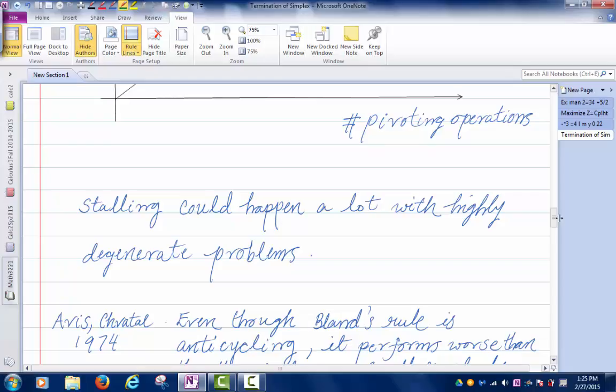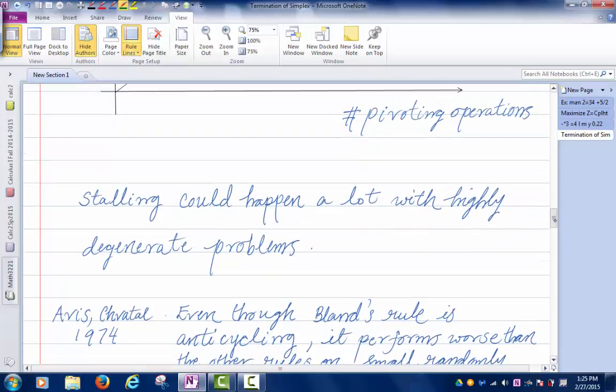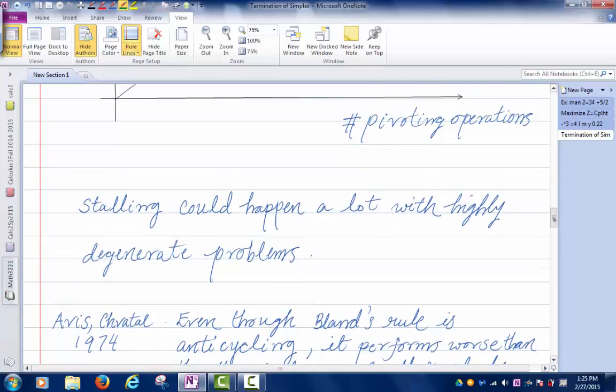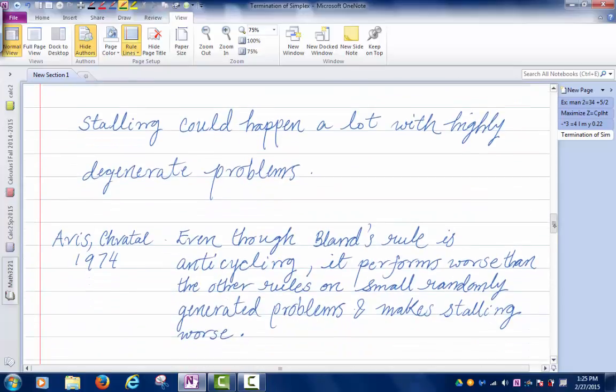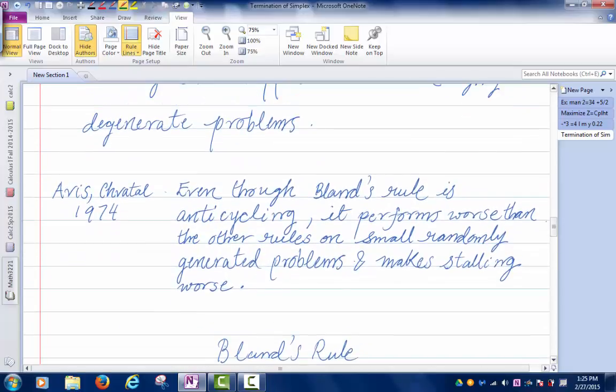And in fact, remember we said Bland's rule is anti-cycling, so you can use it to avoid cycling. However, the problem is, around 1974, Chvátal said in a paper that even though Bland's rule avoids cycling, it actually makes stalling worse than the other methods of choosing entering and leaving variables.